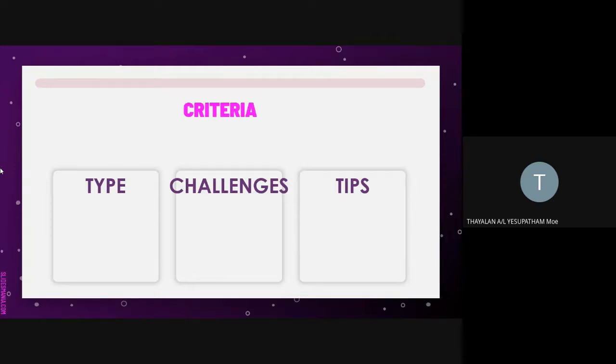But however, students, you shouldn't be having any issues, because you have been doing this from Form 1. So this is something that you are very used to doing. So this should be easy. However, the type of material that is being used, as well as the level of the language, could be harder.